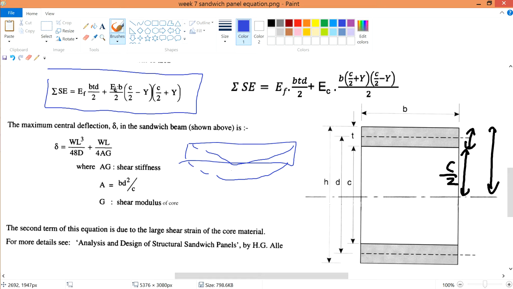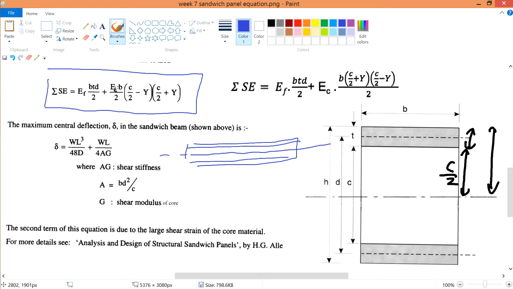Alright, so you deflect a certain distance from the original system. So maybe this is your sandwich panel, and this is the neutral axis or the middle part. And if I were to bend this thing over here, as you can see, from this neutral point to this neutral point, this distance I believe is the deflection.